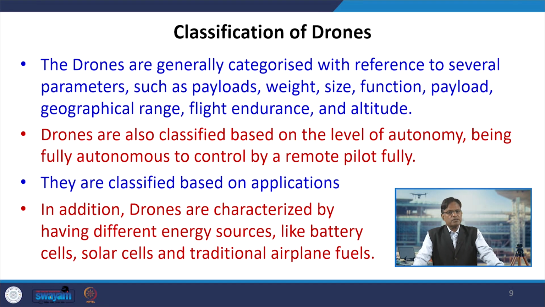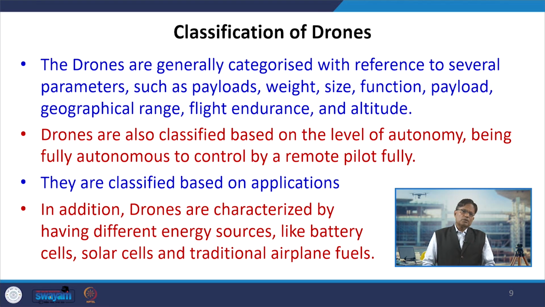Also flight endurance, the time for which they can collect data, and the altitude, the height of the drone. They are also classified on the level of autonomy, from being fully autonomous to being controlled by a remote pilot.